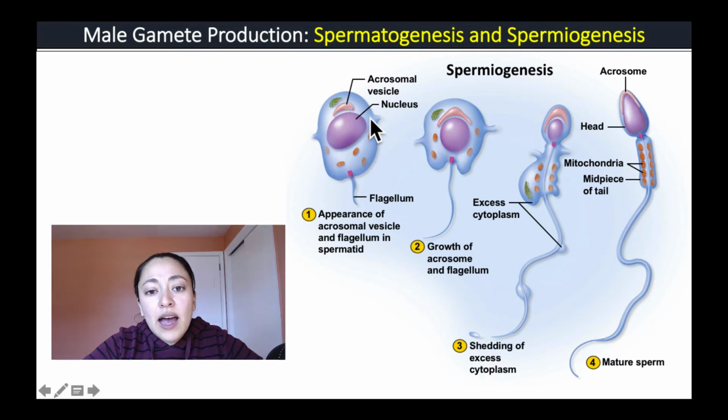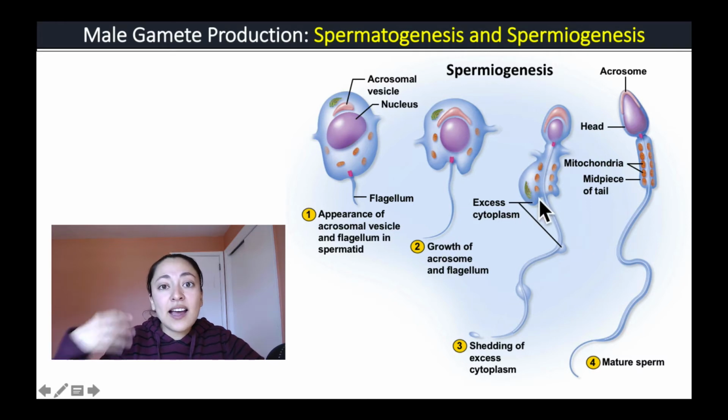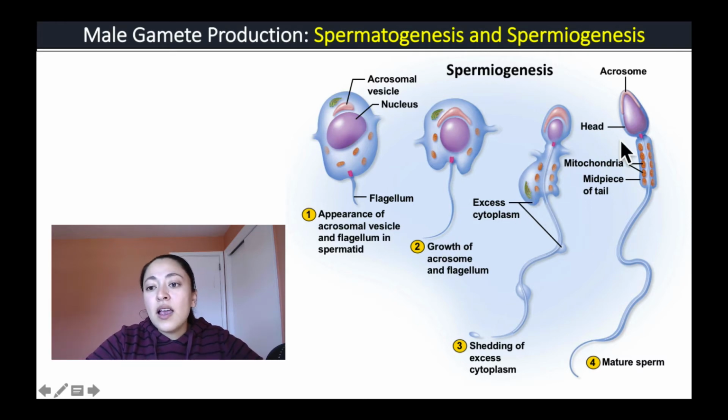Here we have a spermatid, and you can see that it doesn't really have a tail. It has a lot of cytoplasm in it. One thing that's going to happen is that it's going to start to grow a flagellum or tail here. It's going to lose all its excess cytoplasm. And eventually it's just going to create a mature sperm with a head, a mid-piece here, and a long tail.